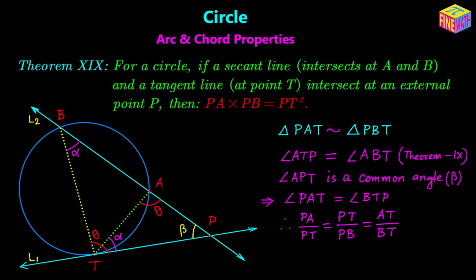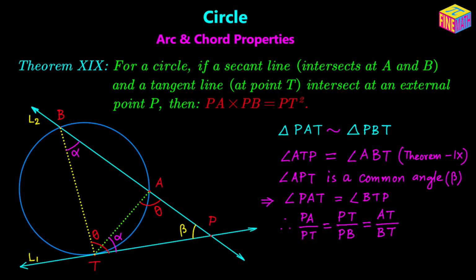The opposite side of angle theta in the smaller triangle is PT, and in the larger triangle that side is PB. So PT over PB is the second ratio, and the third ratio is the side opposite to the angle beta. For the smaller triangle it is AT, and for the larger triangle it is BT. So we can say that PA over PT will be equal to PT over PB, and that will also be equal to AT over BT.